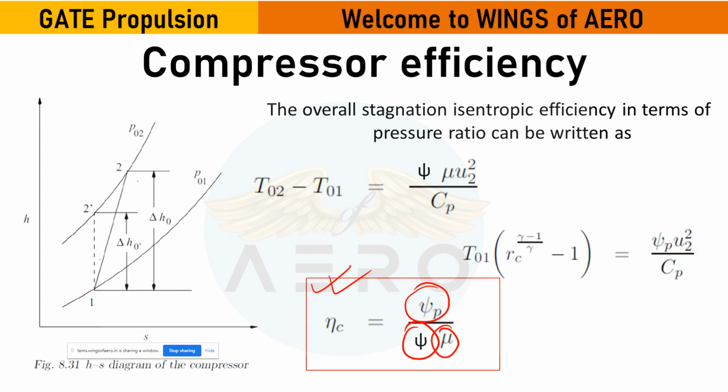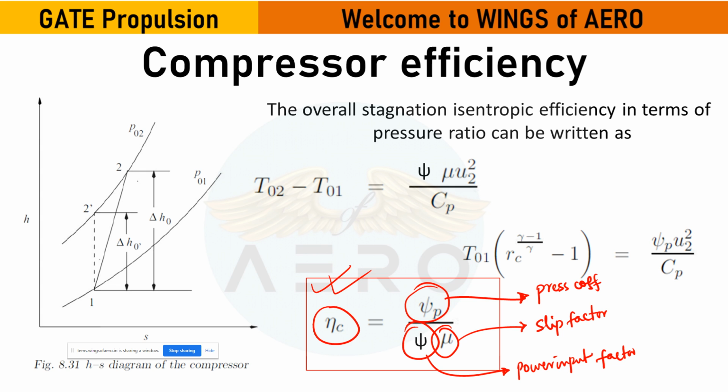Or they can give you these factors: the value of the pressure coefficient, the value of the power input factor, and the slip factor. Now using this you have to find out the efficiency. This can also be a question.